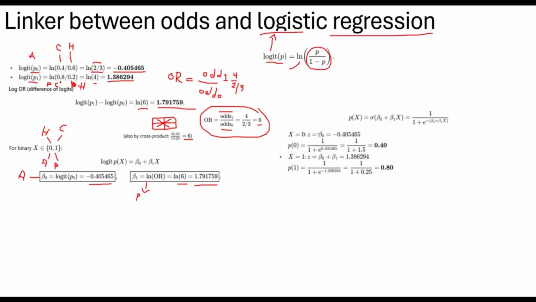So now we have to do the logistic regression. Okay, we did the logit here. We have two logits. Now we have to do regression. We have to simplify the regression. So to do the regression, we use the formula, which is also called the sigmoid function.